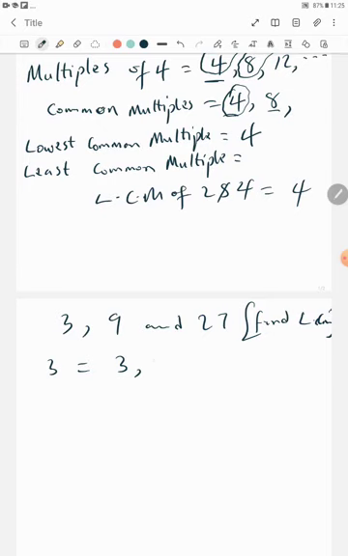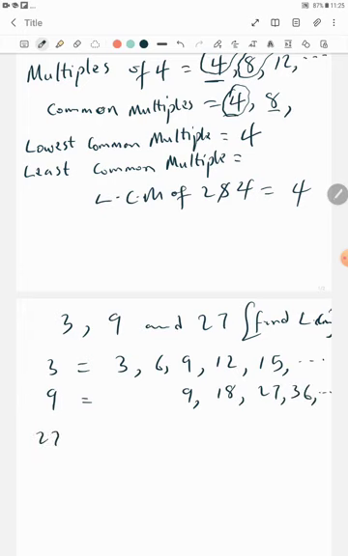Multiples of 3 are 3, then we have 6, 9, 12, 15. It continues like that. What will be the multiples of 9? We start with 9, and then we have 18, 27, and then we have 36, and it continues like that.